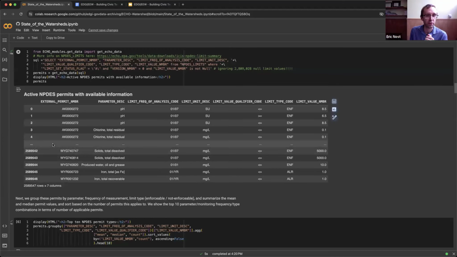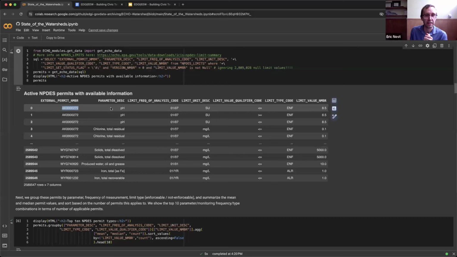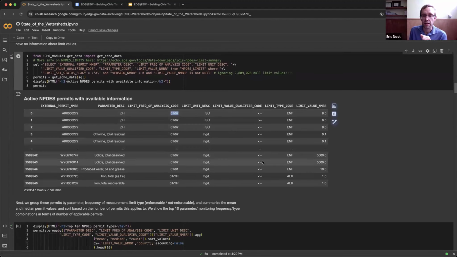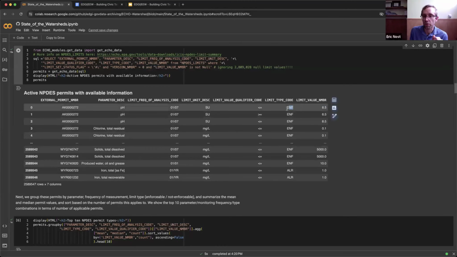So just as an example here, for this permit, they have to be on the lookout for pH. They have to monitor that once a week, and you can look up these codes from an external source. And that pH level has to be less than or equal to 8.5. Okay, and that is enforceable, right? So if the pH is greater than 8.5, there's a potential violation.